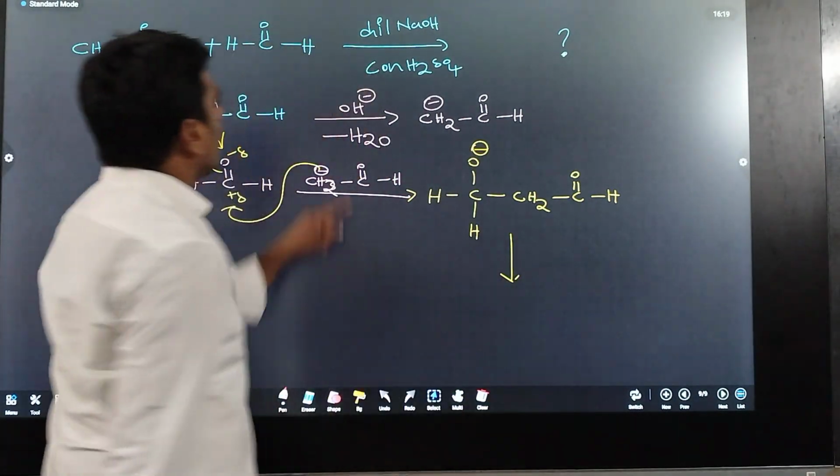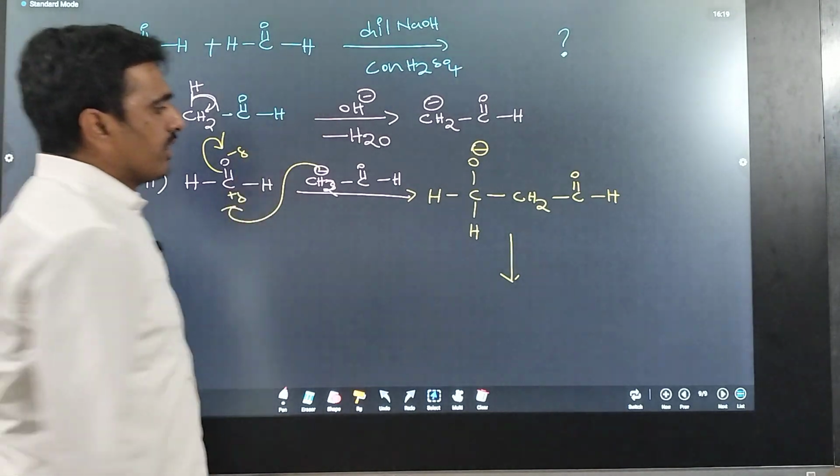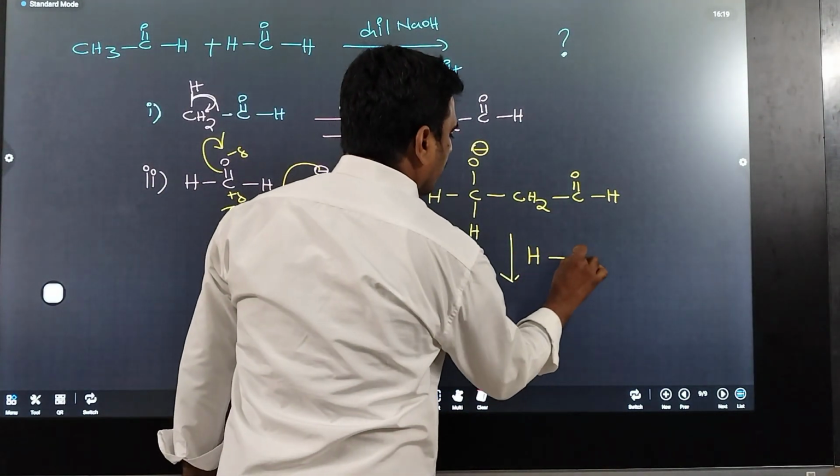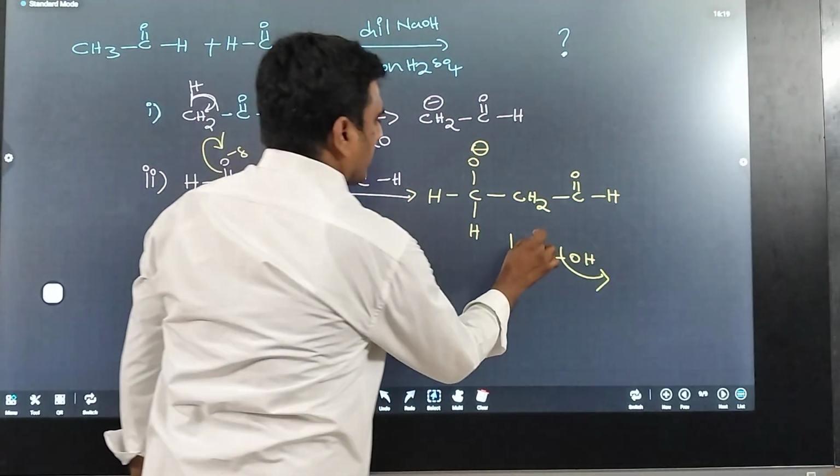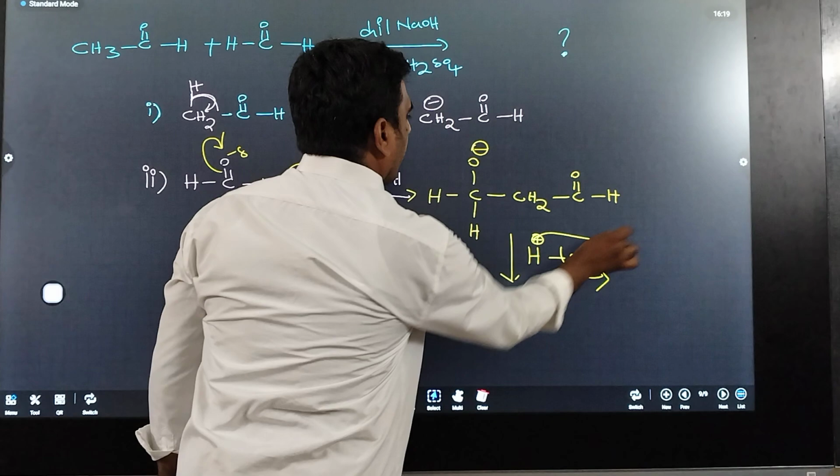Here I can use the first OH minus, the water molecule, here. OH minus is eliminated as base and this H plus ion attacks here.